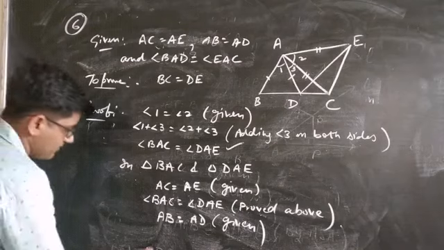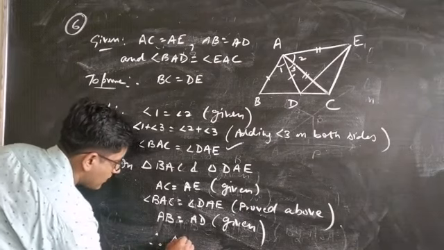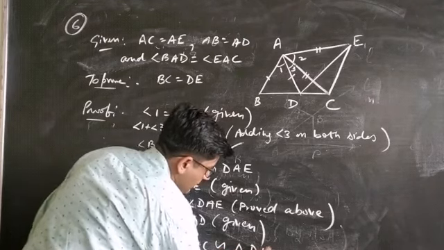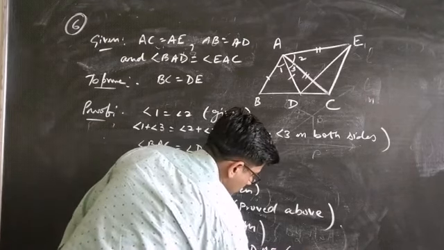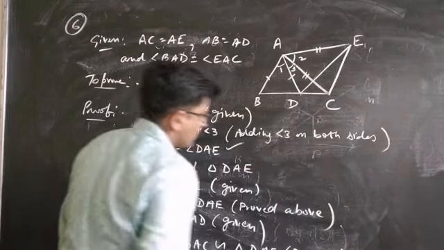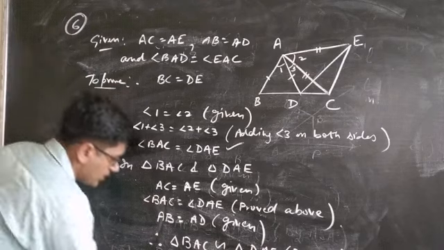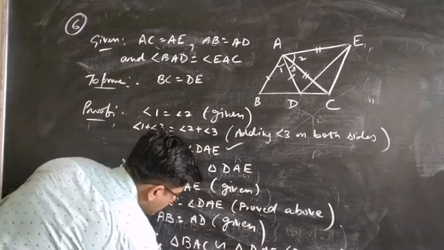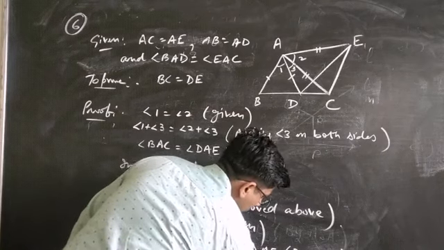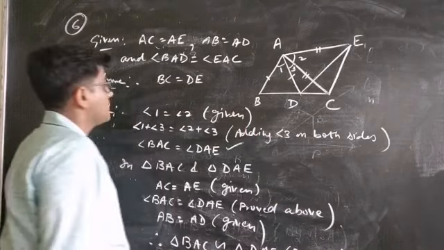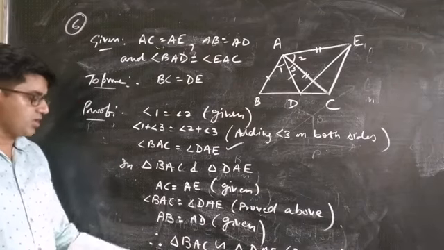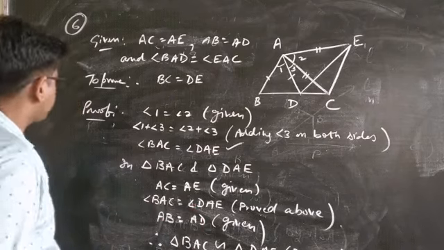So therefore, triangle BAC is congruent to triangle DAE by side angle side criteria. So we'll write BC is equal to DE by CPCT. This is your sixth question. I think this question is clear to you. Now we'll move to the next question, that is question number 7.